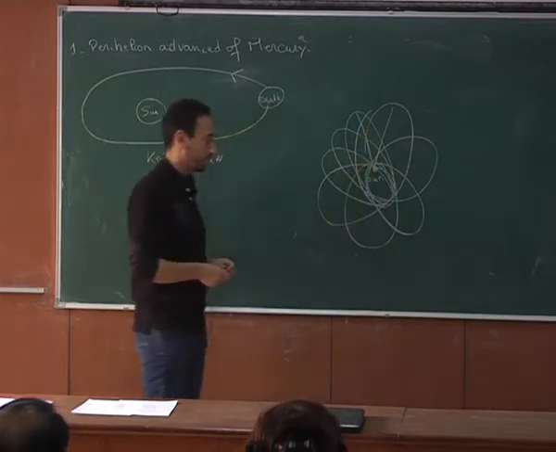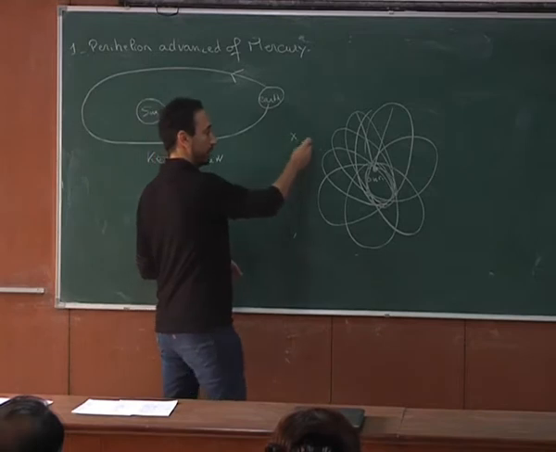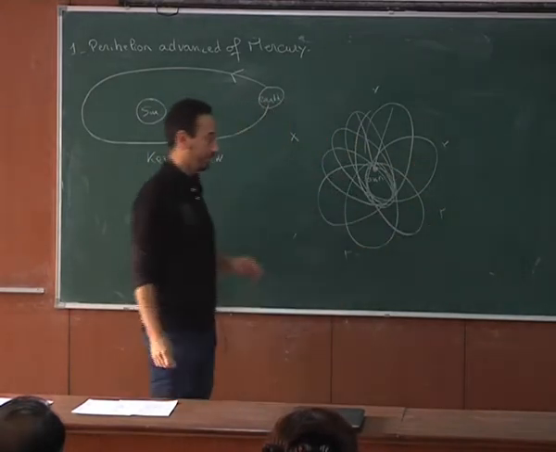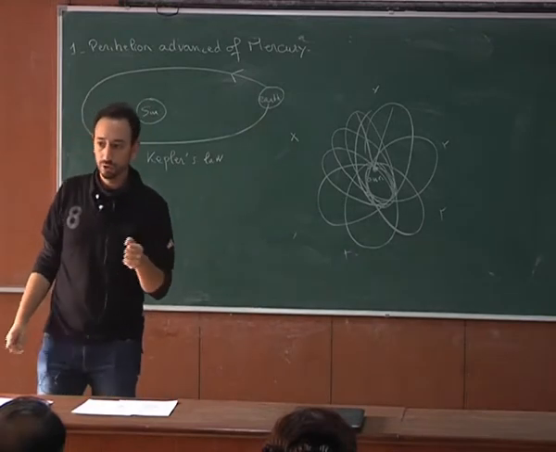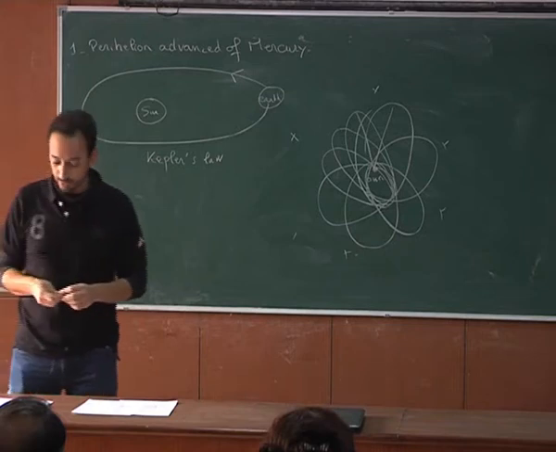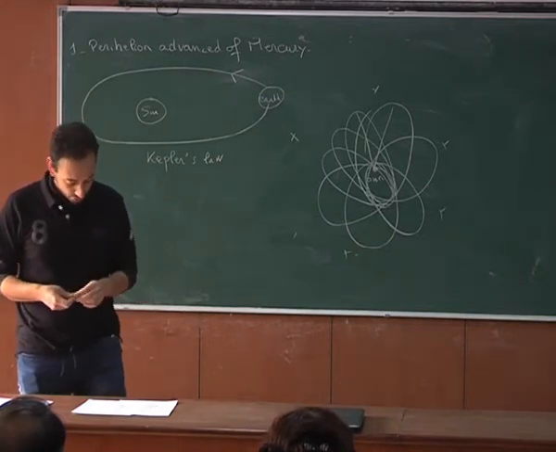Here I exaggerated the angle a bit, but this comes only because of the other objects. You have plenty of other objects in the solar system, and each one produces a change in the elliptical orbit. This we can calculate, and people did these calculations.